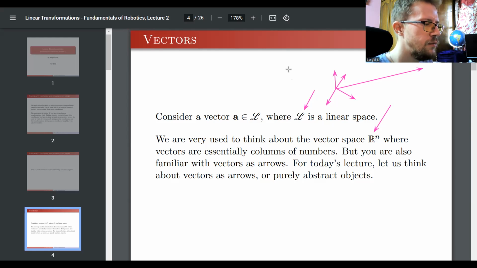I mixed it up with vector space. Vector spaces and linear spaces are synonyms. So if they are synonyms, I believe that real numbers over a field of rational numbers is a linear space.